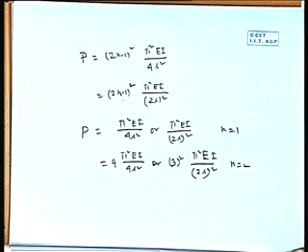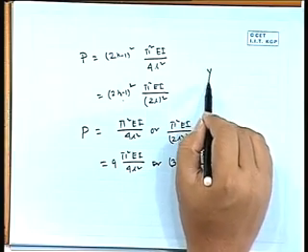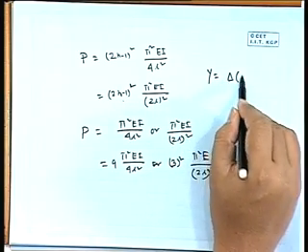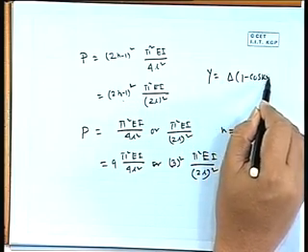And we have the expression y is equal to delta (1 minus cos kx).